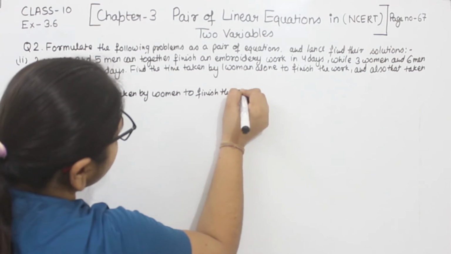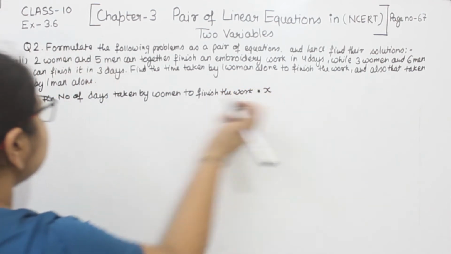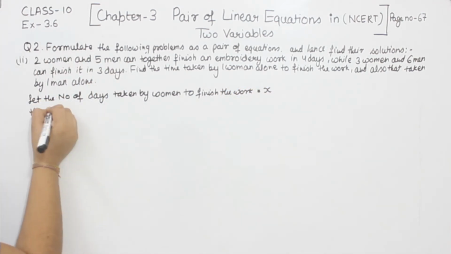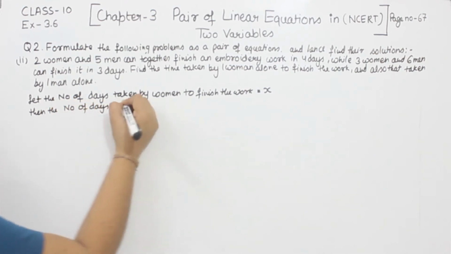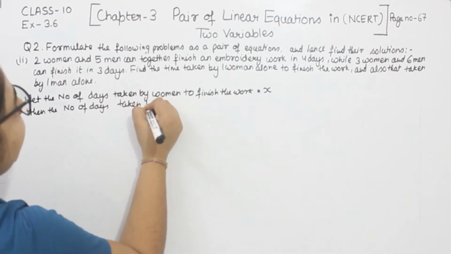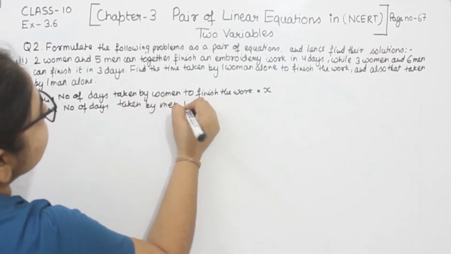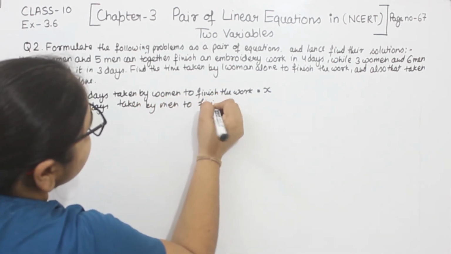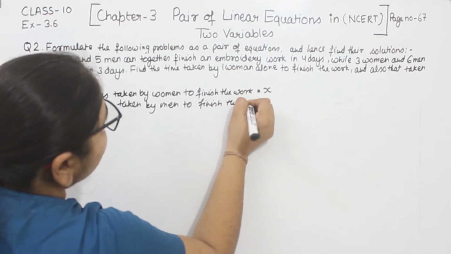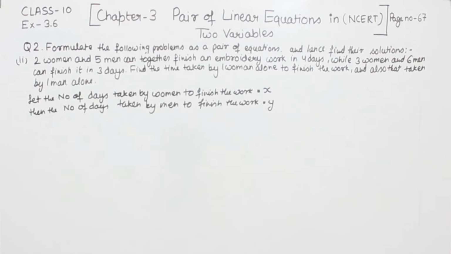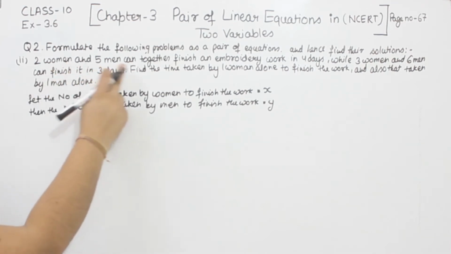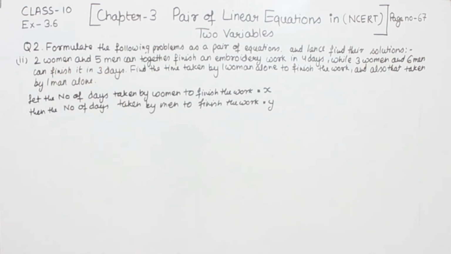We are going to let this one as equal to the x. Then the number of days taken by men to finish the work, we are going to let this one as equal to the y. Now as per the statement we are having, first of all 2 women and the 5 men came together finish an embroidery work.